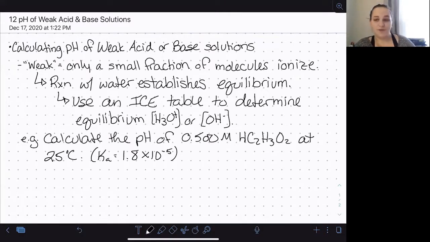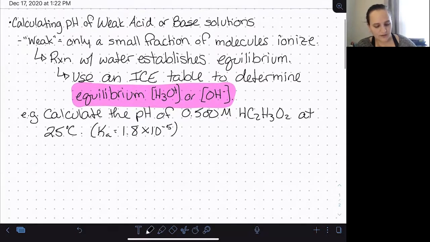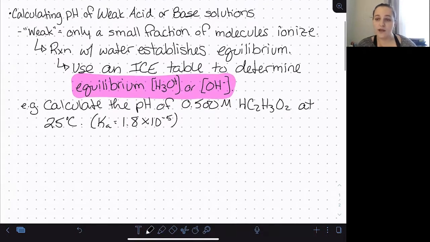So from here, this is a pretty typical equilibrium problem. You just need to recognize that what you're looking to solve for is either the equilibrium hydronium or hydroxide concentration, depending upon whether you're dealing with an acid or a base. So we're going to need the reaction that goes with Ka.